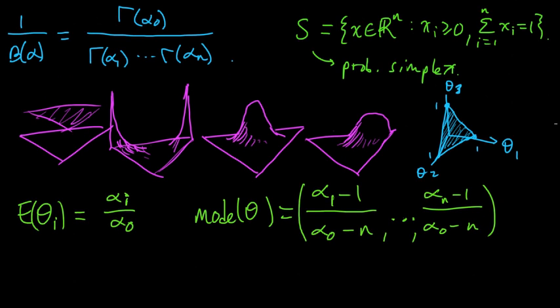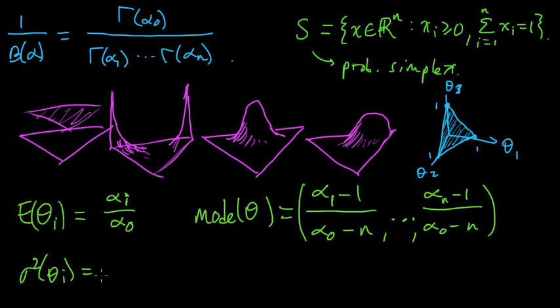And let me also give you one more statistic for the distribution: the variance of the ith component. Remember, theta is a random vector, and these are statistics for the ith component of that vector.